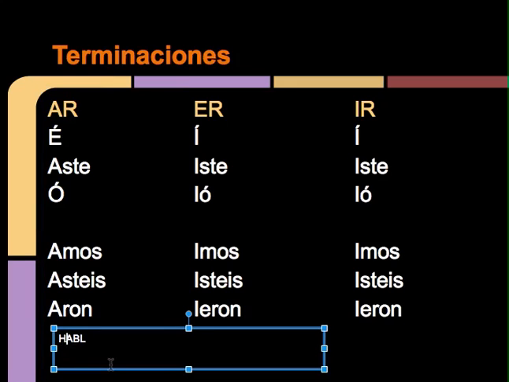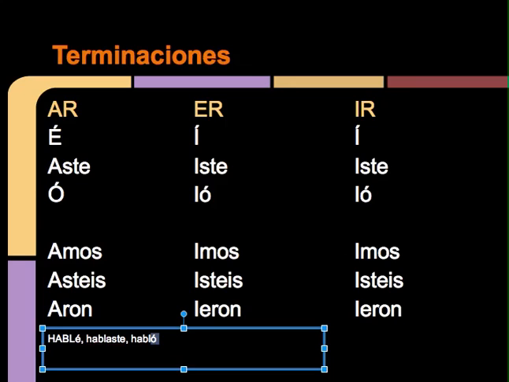So how would we conjugate hablar? It's very simple. We take off the AR from hablar and add these new endings. So we get hablé. Thing to remember, it's hablé, with the accent on the e. Tú hablaste. Él, ella, usted habló.